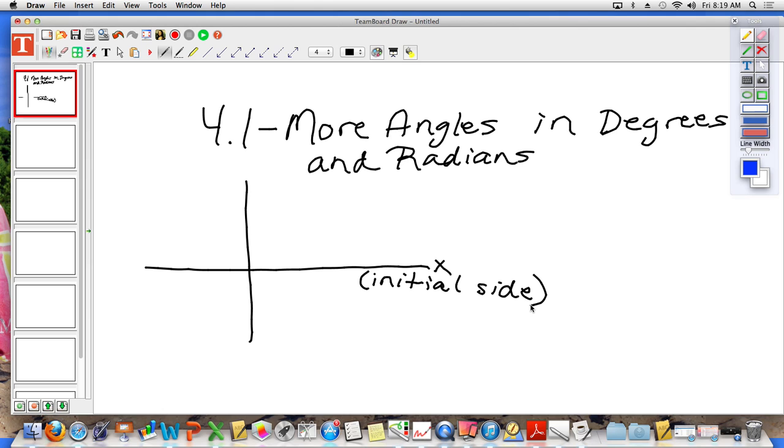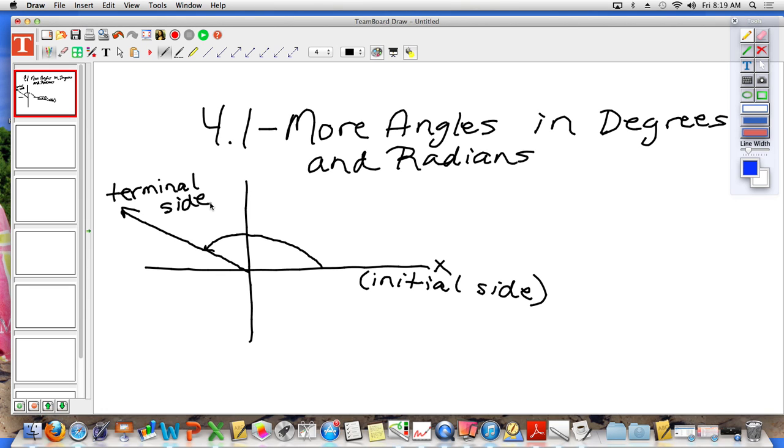If you're talking about an angle that goes all the way to here, this side is called the terminal side. So an angle is made up of an initial side and a terminal side, and it's in standard position if the initial side is right on the x-axis. Okay? Shouldn't be a huge deal.